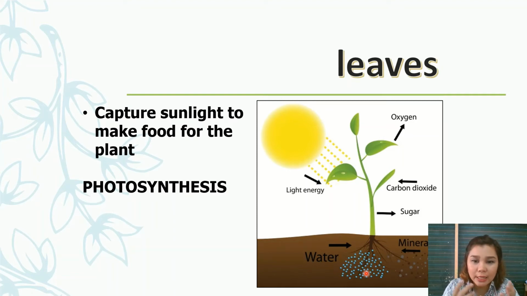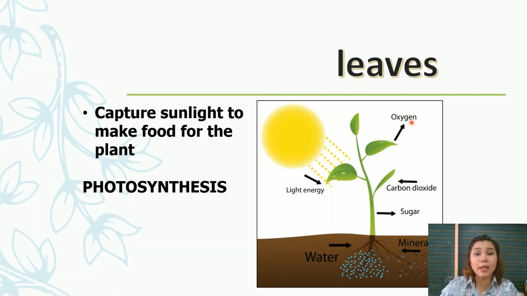Hindi lang natin nakikita, but there is photosynthesis. And then, yung air being used is what we call carbon dioxide. I mentioned this during the discussion about the needs of human beings. And then, yung product nilalabas is oxygen, which we use.